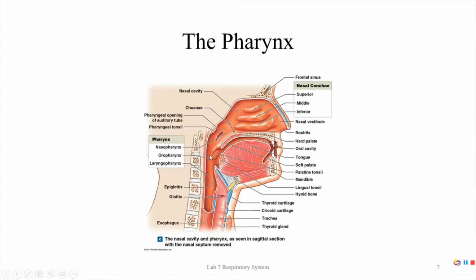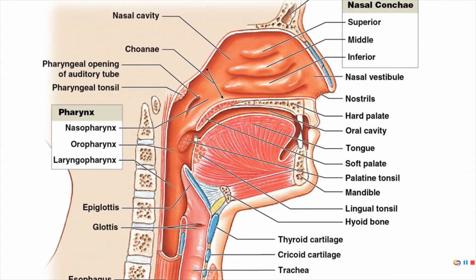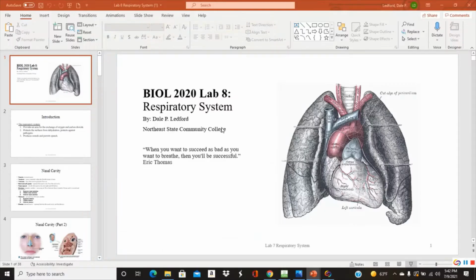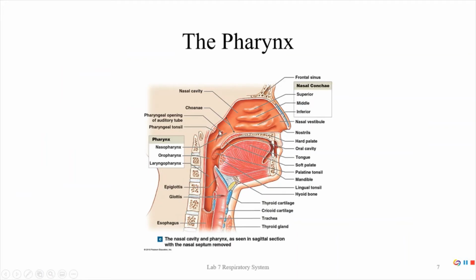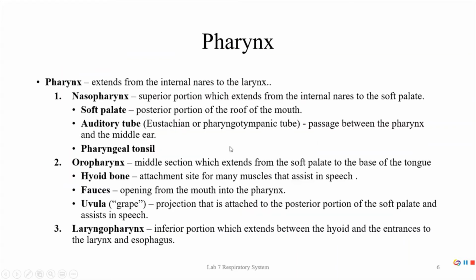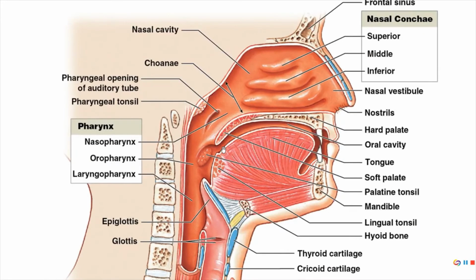The fauces is just this opening here, coming back from the mouth in. When your doctor puts the tongue depressor in, how much of that can be visible, like in the Mallampati score and things like that. And then the uvula. The uvula is the inferior part here that hangs down.